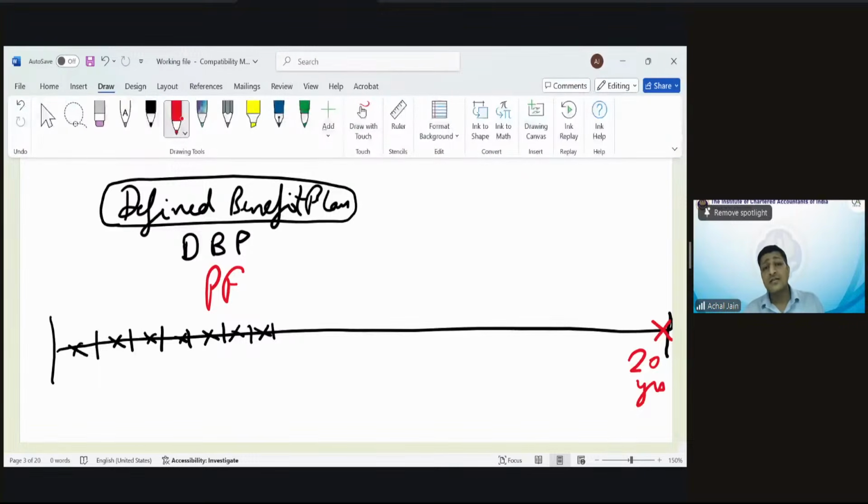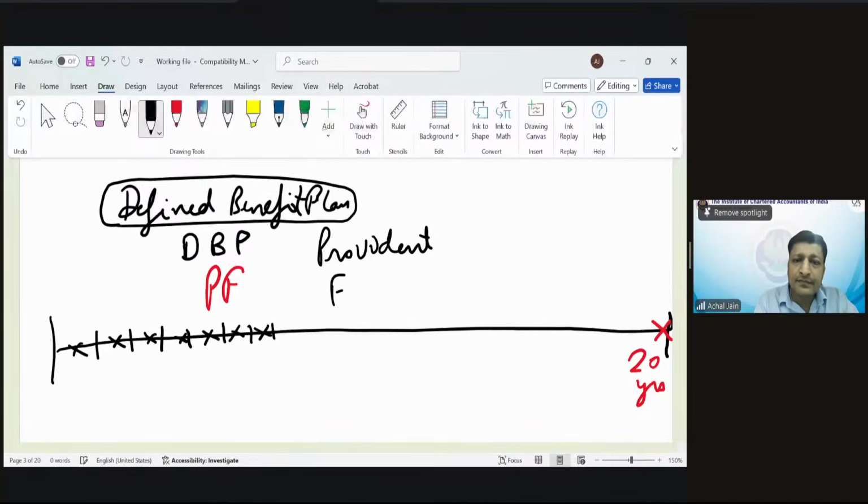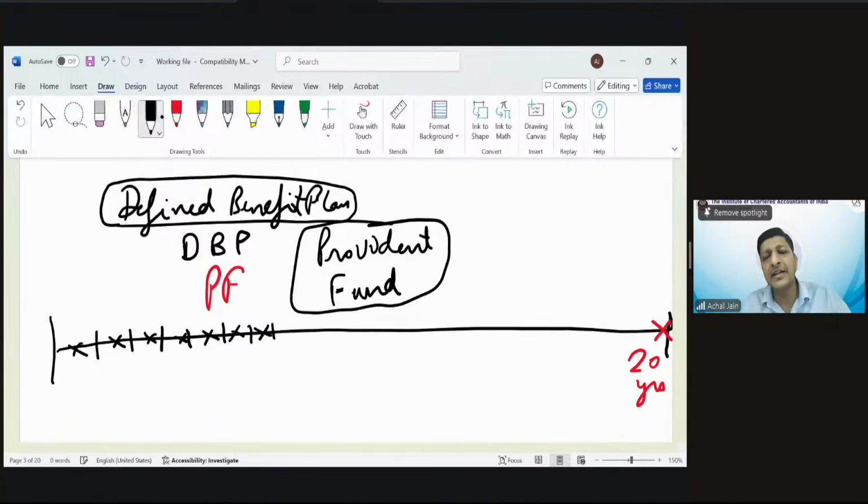In this case, the employer has got its own provident fund. So the employer is maintaining its own provident fund.